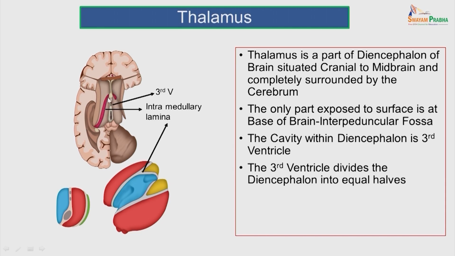But at the base of the brain, it is exposed in the interpeduncular fossa. This is a mass on either side of the third ventricle, which divides the whole diencephalon into two equal halves.